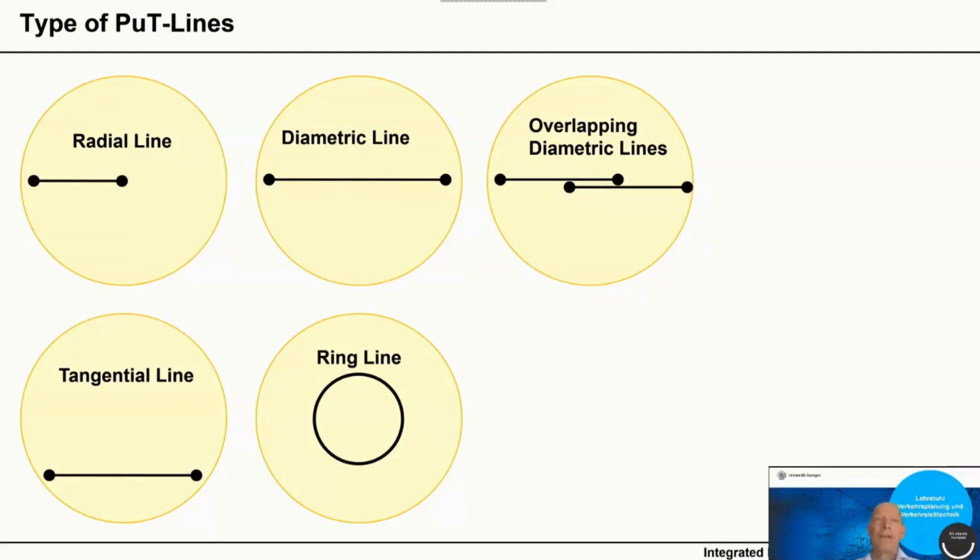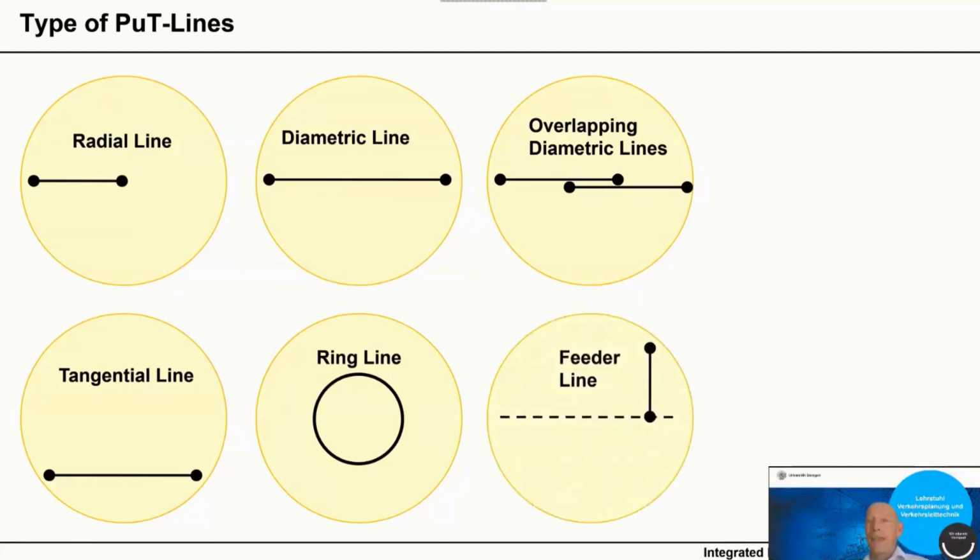Now, if you look at those systems, they are a ring, but in terms of the public transport service they are not a real ring, because they often have a terminal where they start and end, but they run around a circle. So ring lines can be a solution in some cities. For bus lines, if you have a ring in your city, also a ring line could be a good idea.